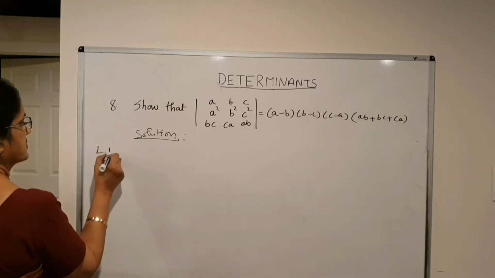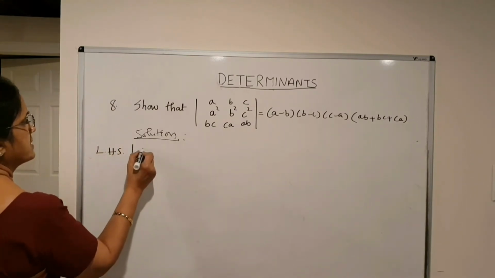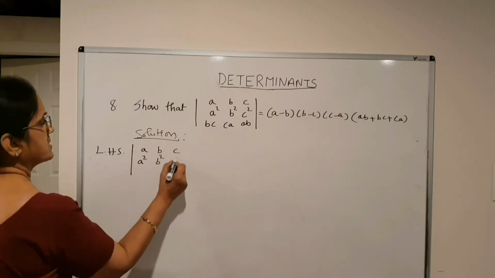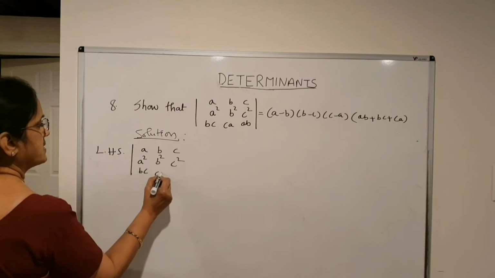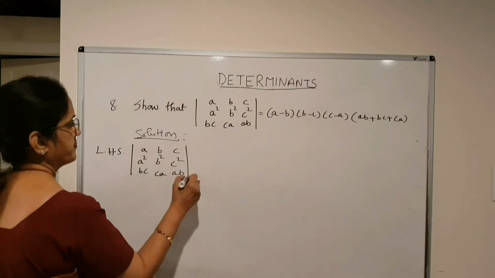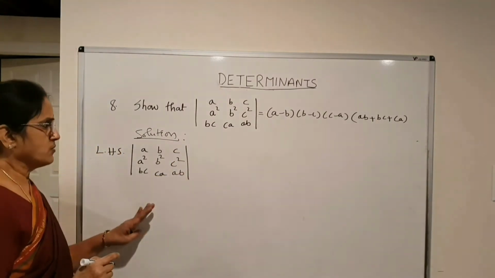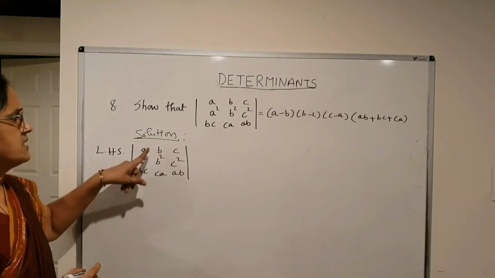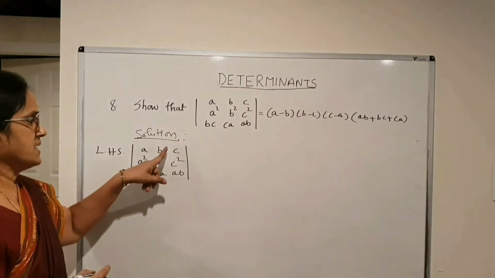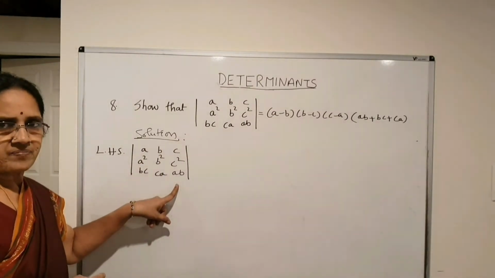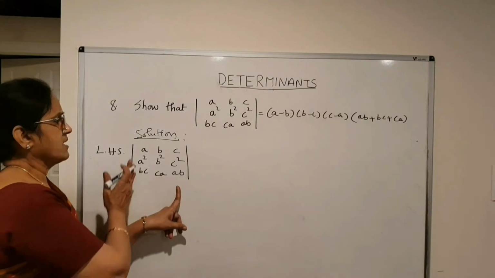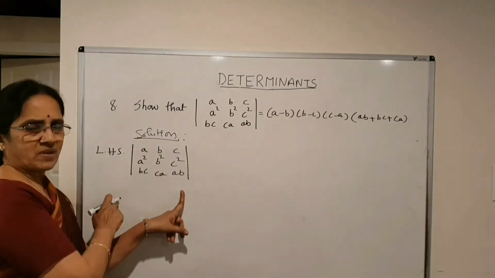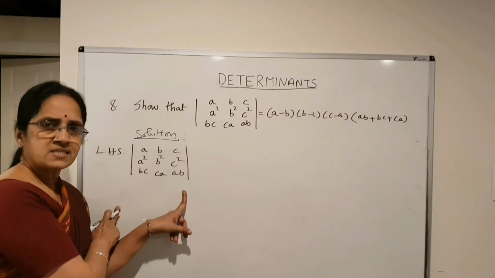Considering LHS, determinant A, B, C, A square, B square, C square, BC, CA, AB. Here what I am going to do to start with is multiply C1 by A, C2 by B and C3 by C. When I multiply by A, I need to divide the determinant also by A, only then the value will remain the same.